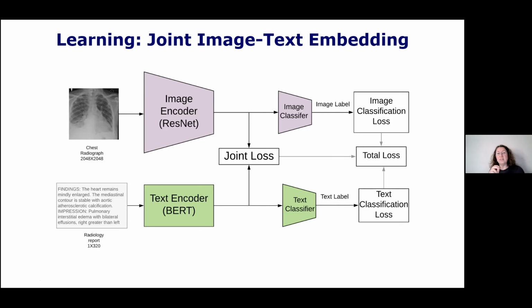And it encourages images and text that are mismatched, either different patient or different time of the imaging, to map far away from each other. So our hope is that by putting this loss into the training of this model, we are creating some latent representation that actually represents the relationship between images and reports. And finally, the classifiers for both image and radiology reports are connected to the classical classification losses.